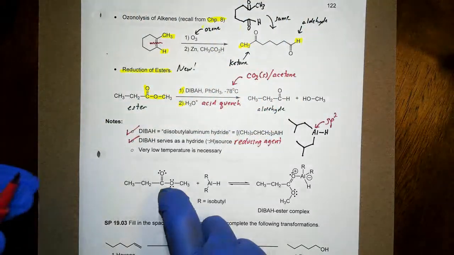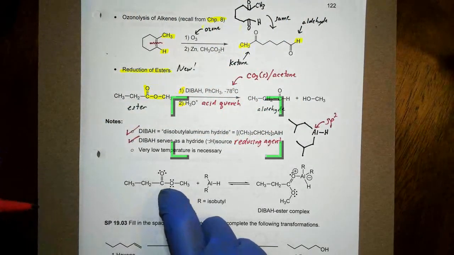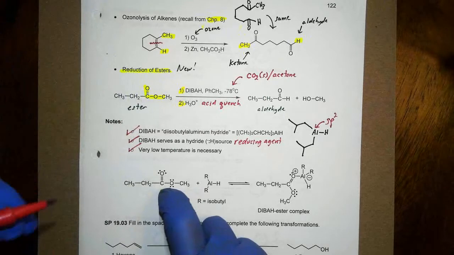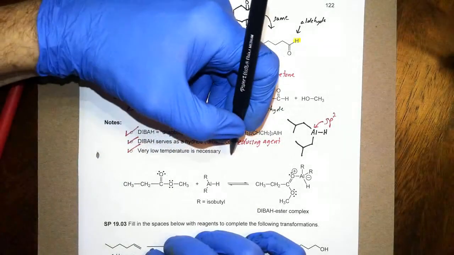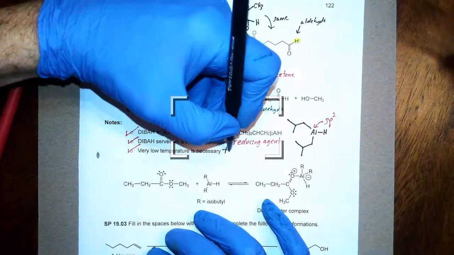Okay? And as I mentioned moments ago, a very low temperature is necessary. And you say, why? Why do we need to have it so low? Well, it's not just because it's so reactive. The very low temperature is necessary to avoid over-reduction.